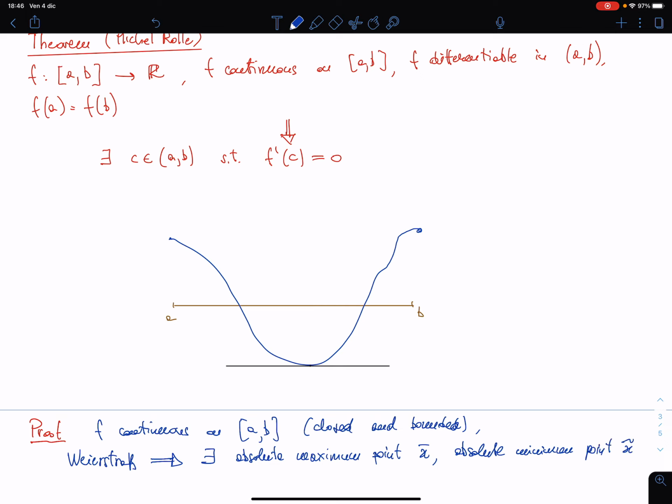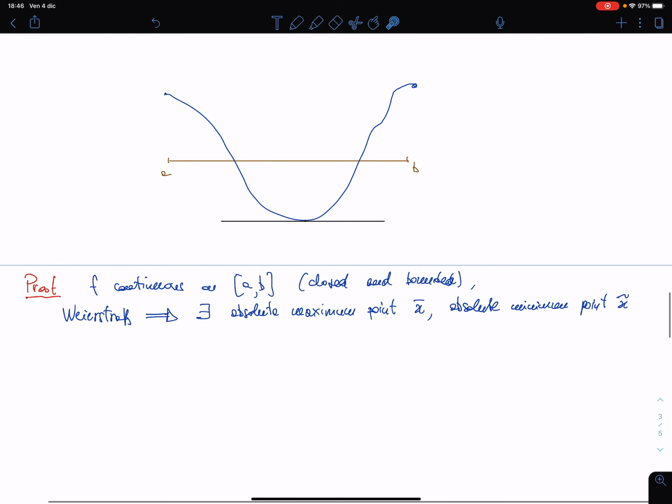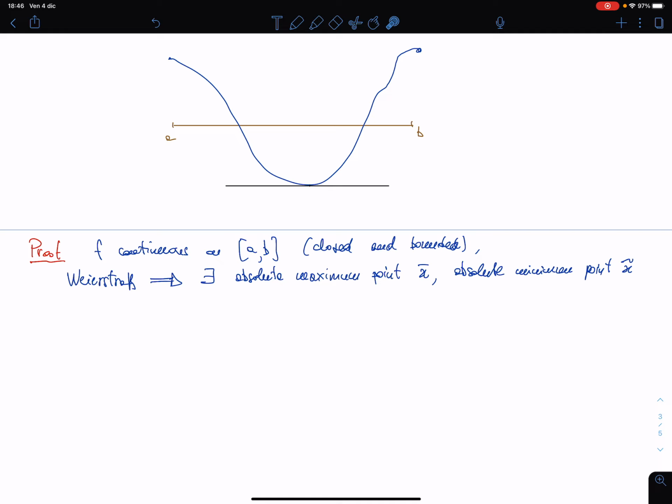Now, we see whether at least one of these 2 points falls inside the interval. If it falls inside the interval, then f is differentiable at that point, and by Fermat theorem we will have that f' is equal to 0. So we have to distinguish various cases. First, let us suppose that the absolute maximum point x bar falls inside the interval.